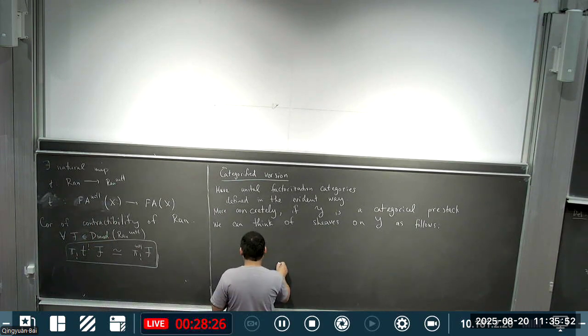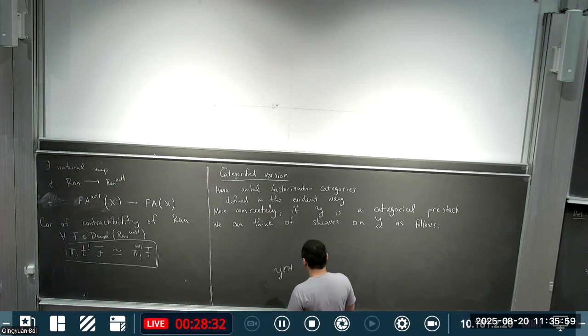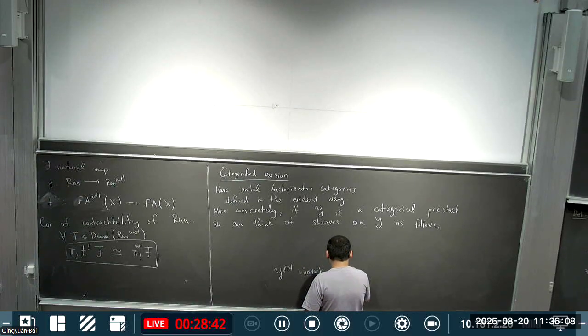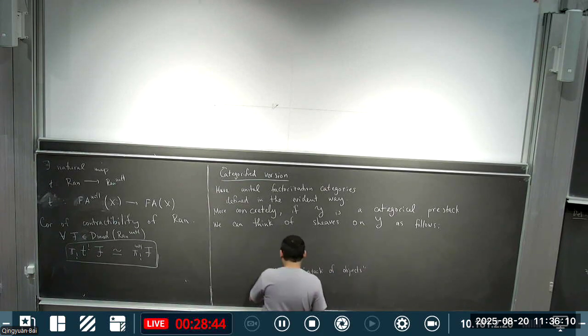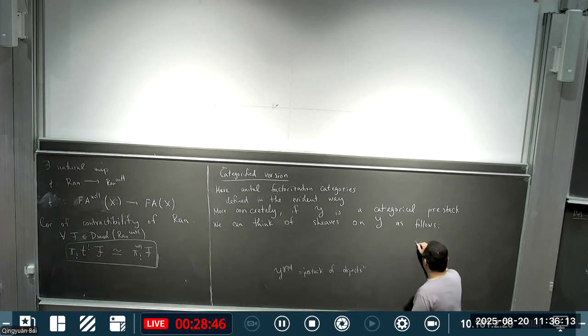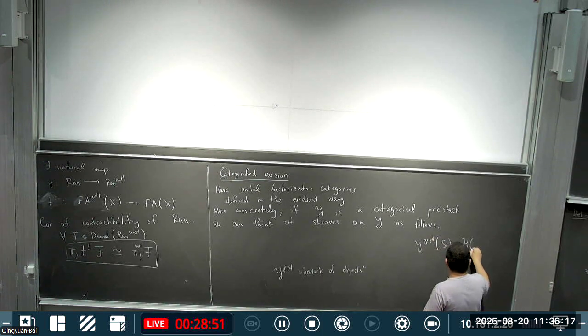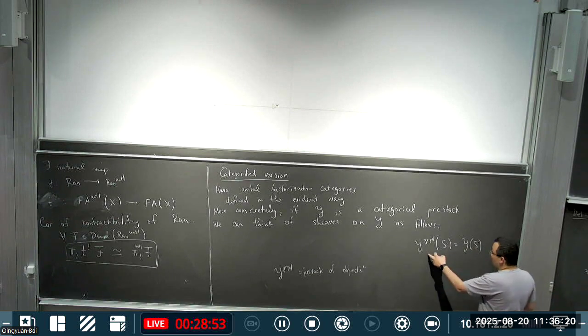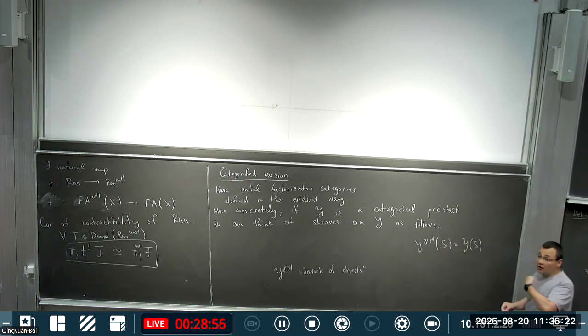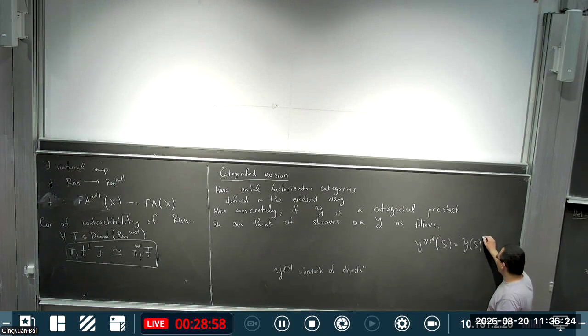There's a simplicial object. This is the stack of objects, an ordinary pre-stack. In general, the way it's defined is, you evaluate Y on S. This is some category, and you can take the maximal subgroupoid.